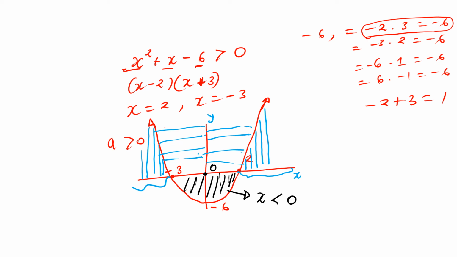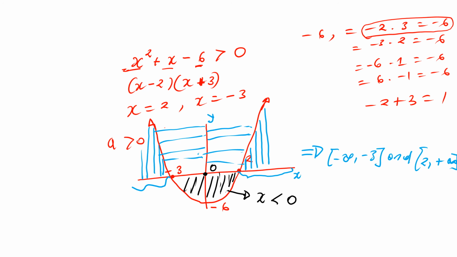So our solution is written in interval notation as from negative infinity to negative 3, and from 2 to positive infinity.